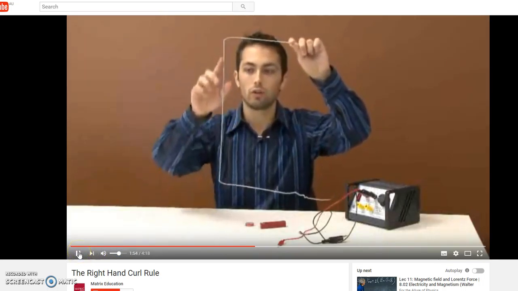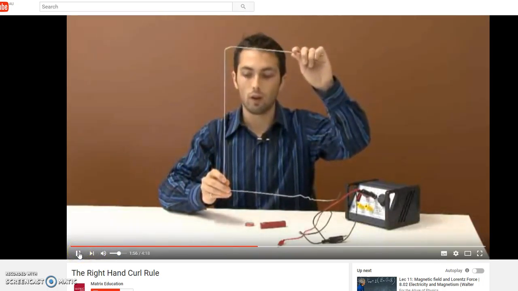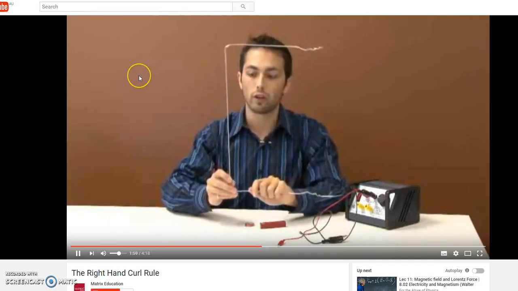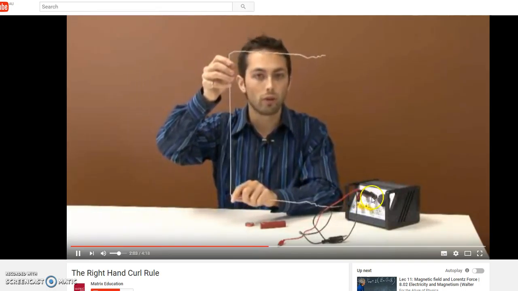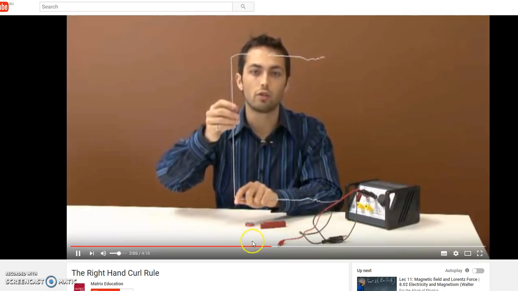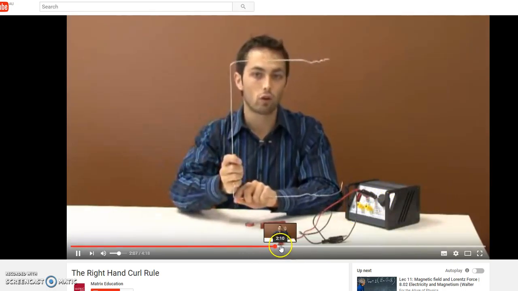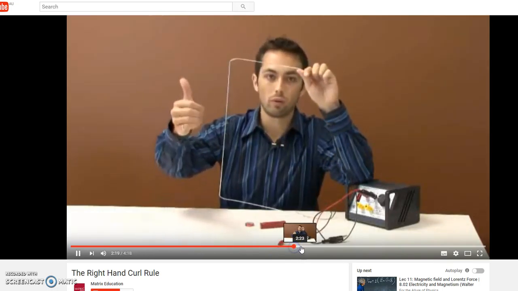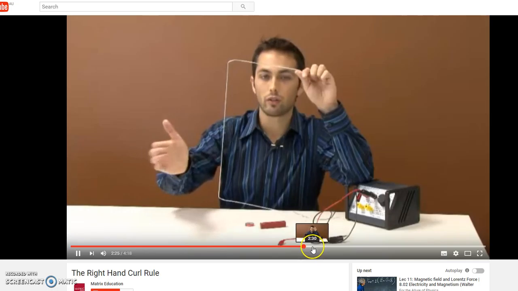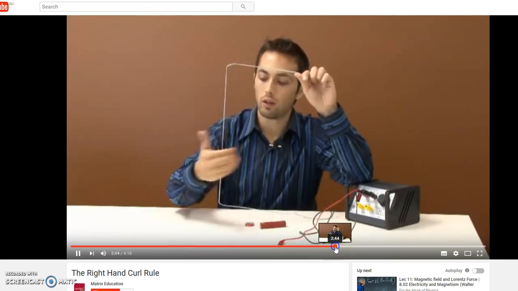Okay, so no sound is coming through. That's the way I've connected it up. But that is a coat hanger that has been unbent. And he's just got a power supply, and he says it's only 2 volts, and yet he was still able to get compasses to move. I'm just looking for it.